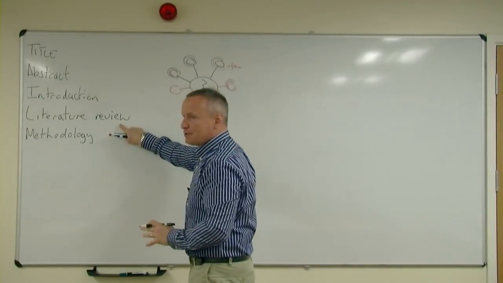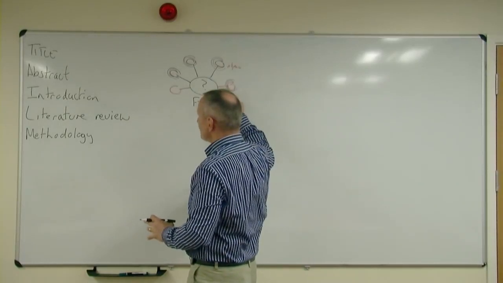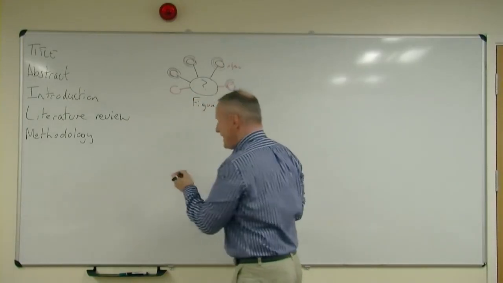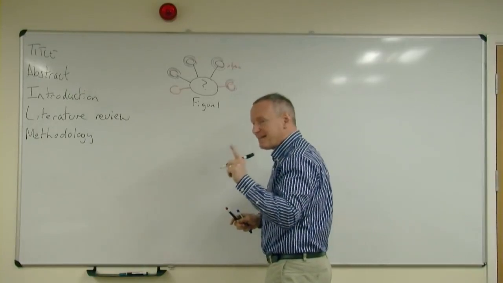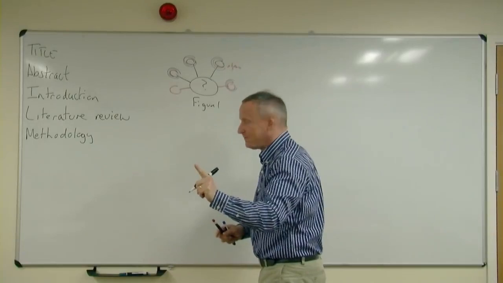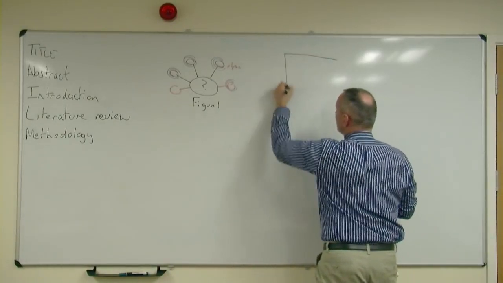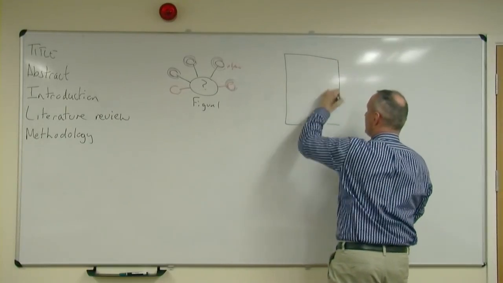Having looked at your literature review, which has identified key themes, you will then develop a set of questions. And this is what most students don't do, and they're missing out on marks. What they need to do is develop a table.